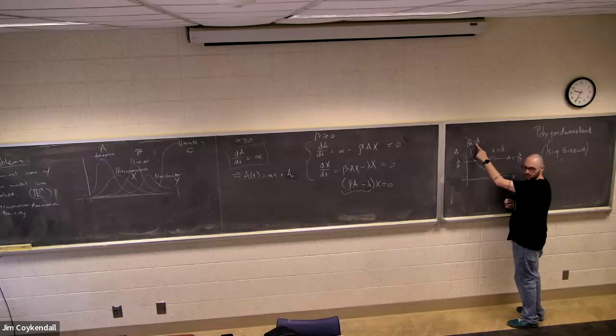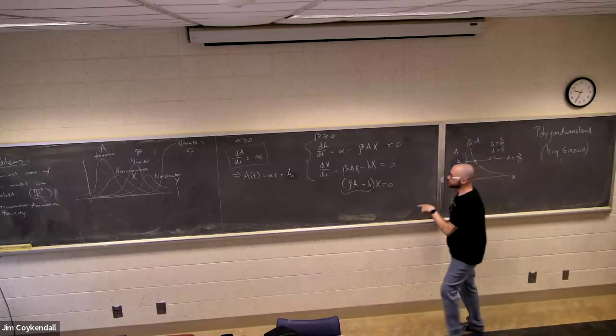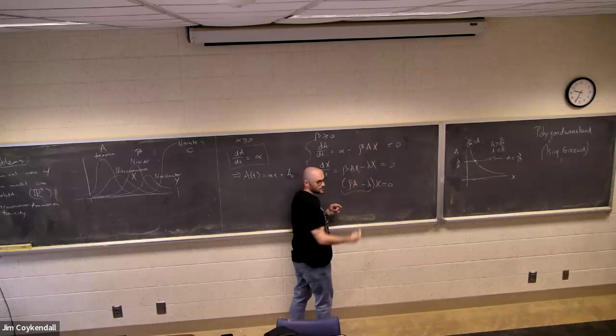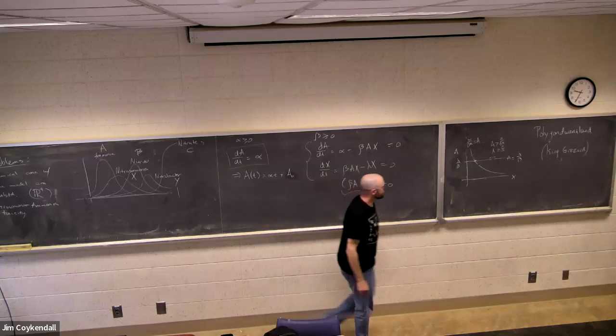You can totally see that I've merged the Greek and English alphabets in my head already, now that I've graduated. So in fact, in this region up here, A is also greater than alpha over beta x, which means A is big, which means this quantity has to be negative. So we're moving down.